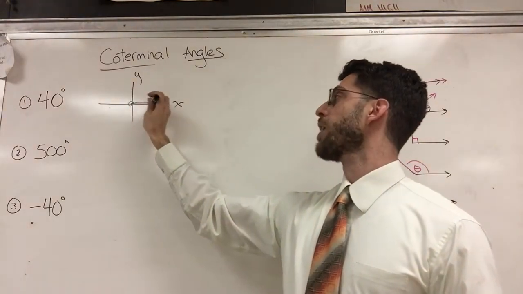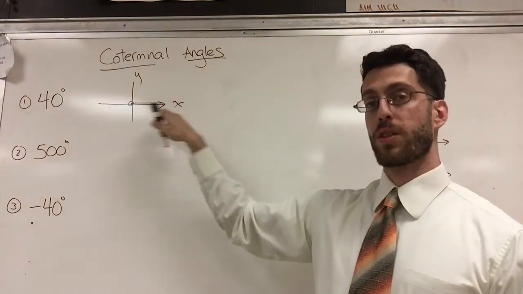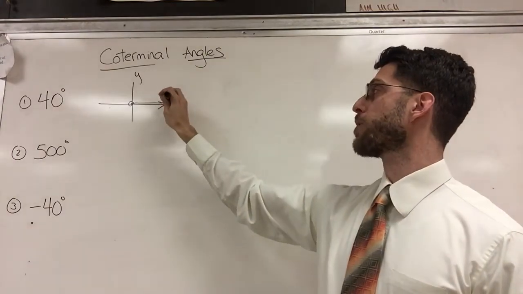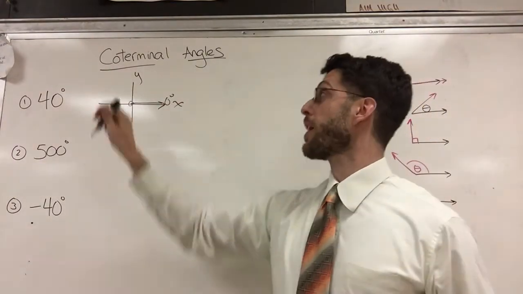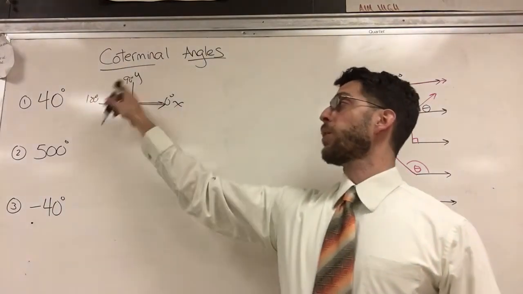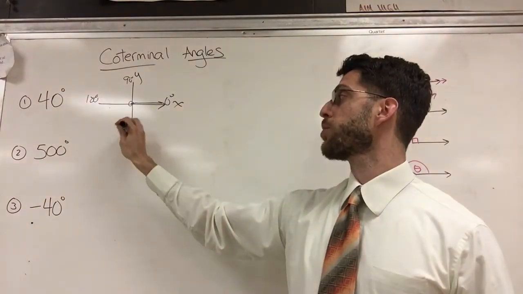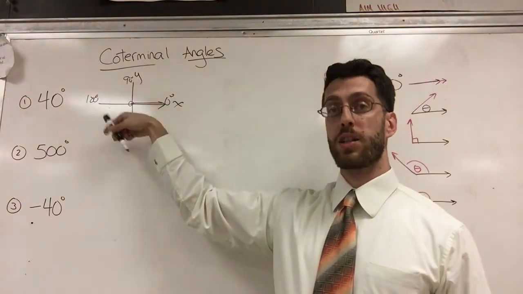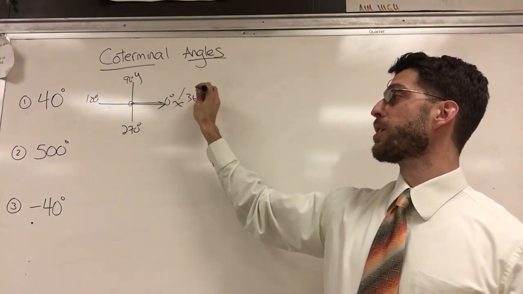The initial side goes along the x-axis, I guess you consider that 0 degrees, right? So here's 0 degrees. Understand that a right angle is here, so that's 90 degrees. A straight angle would be 180. If I went to this line here, the bottom of the y-axis, that's going to be 270. All I'm doing is adding 90 each time. And if I continued, I'd reach 0, aka 360.